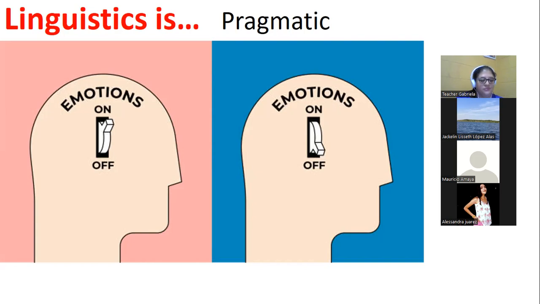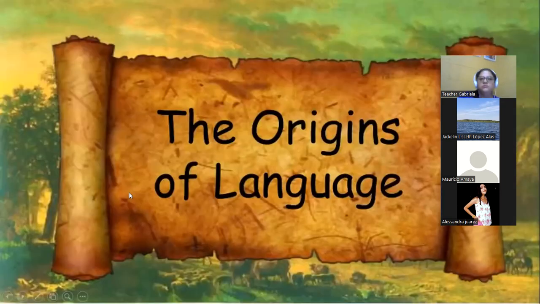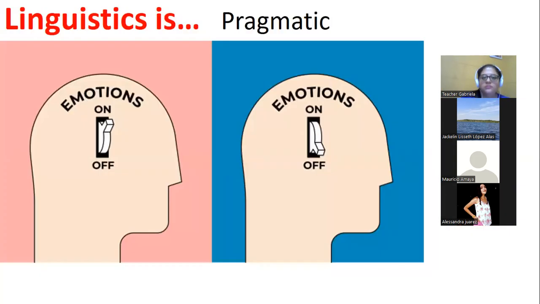So it is obvious that when we are talking about emotion, we can understand that just with a picture because that is pragmatic. And then the second one is the same, but it is describing the emotion. So that is the work of pragmatic. Describe something just with a picture.